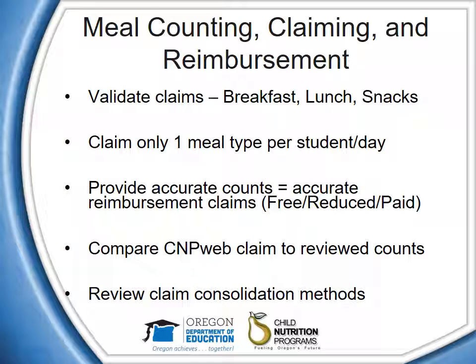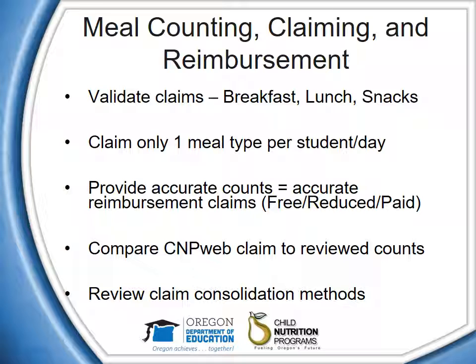The purpose of reviewing meal counting and claiming is to ensure that the sponsor's process is accurate and that the meals meet all federal requirements. Reviewers will validate claims for breakfast, lunch, and after-school snack programs if the sponsor is participating. They will assure that only one of each meal type, whether it's breakfast, lunch, or snack, is claimed per student per day.